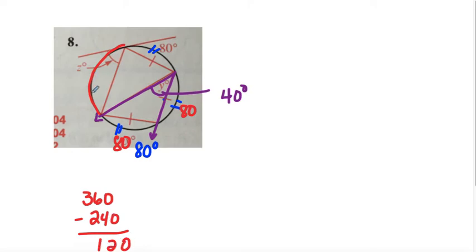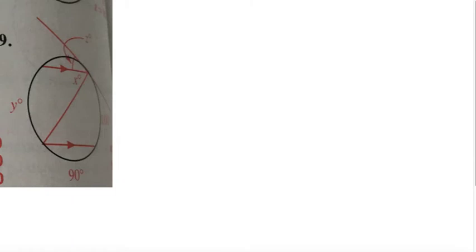So that's telling me, even though it's not to scale, guys, that this is a 120-degree arc, which makes z an inscribed angle of it, which makes z's measure half of it, so 60 degrees. All right, one more. Doing okay?